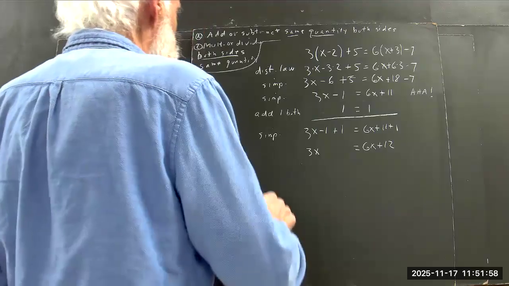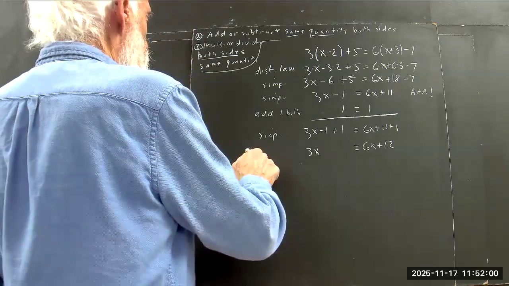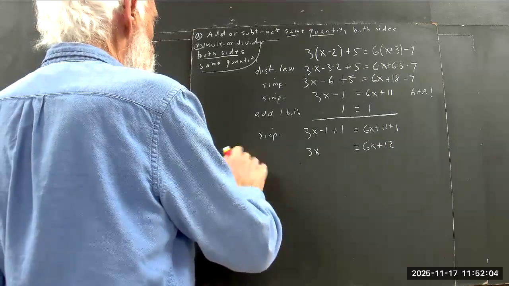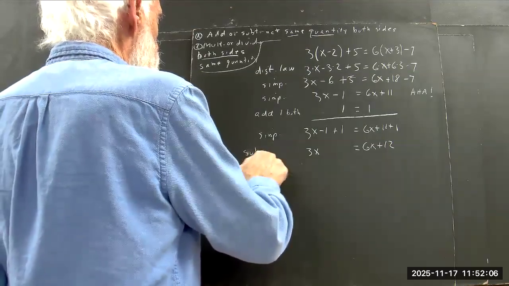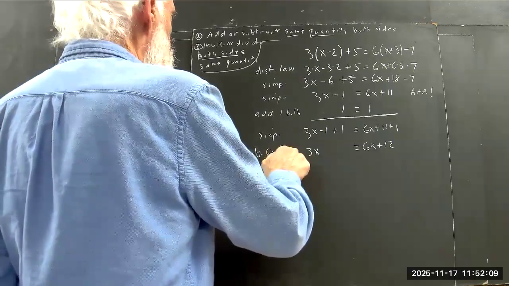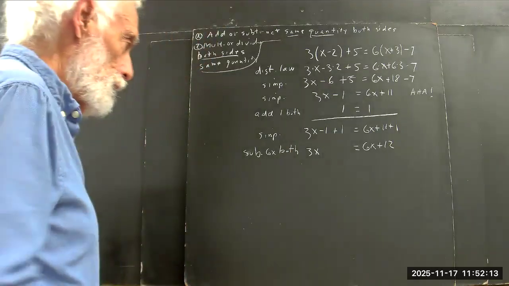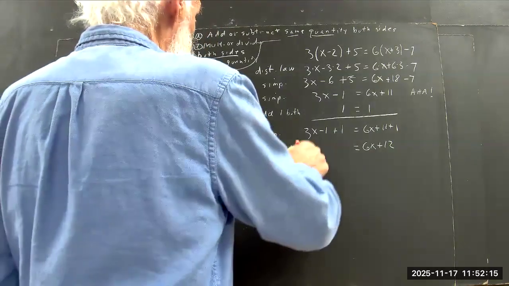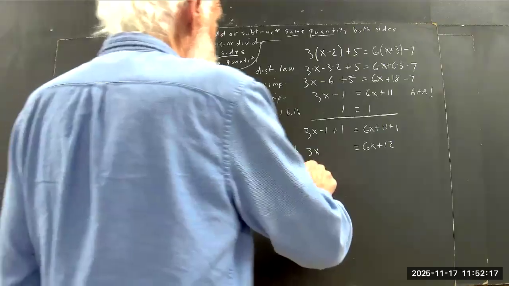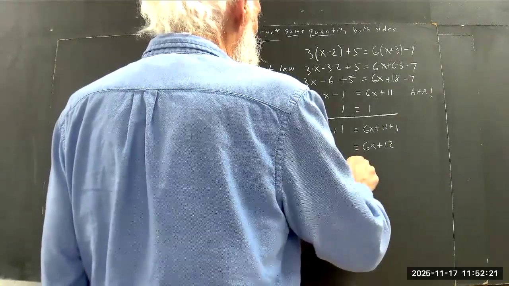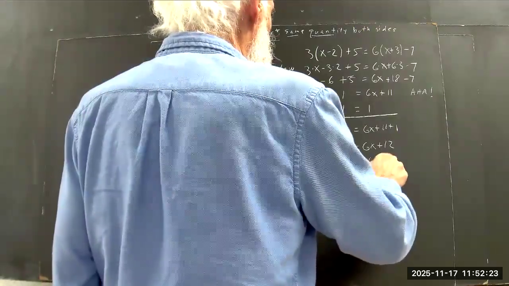And then subtract 6x, both. That would be sufficient. Tell me what you're subtracting and that you're doing it on both sides. So we're going to put a negative 6x here equals negative 6x.